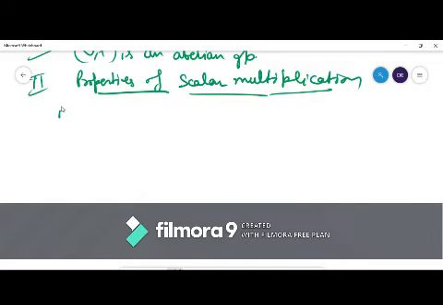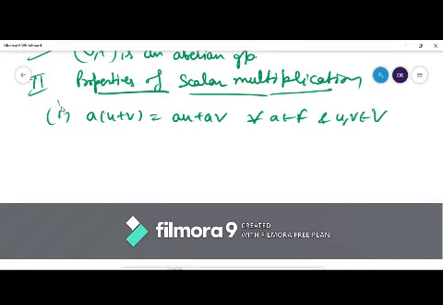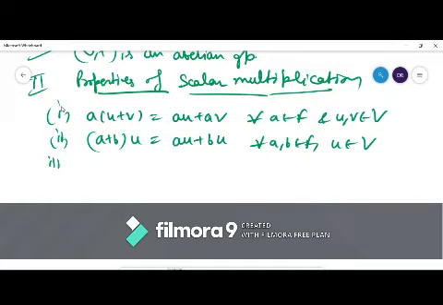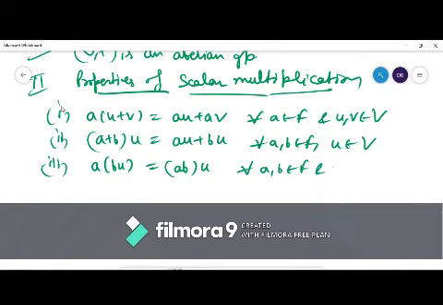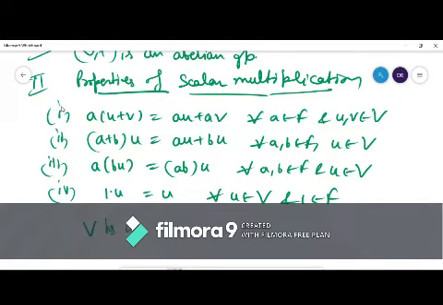First is A into U plus V, equal to AU plus AV for all A belongs to F and U and V belongs to capital V. Second is A plus B into U, equal to AU plus BU for all A and B belongs to F and U belongs to V. Third one is A into BU, equal to AB into U for all A and B belongs to F and U belongs to capital V. And fourth is 1 into U is equal to U for all U belongs to V and 1 belongs to F. Then we say that V is a vector space.